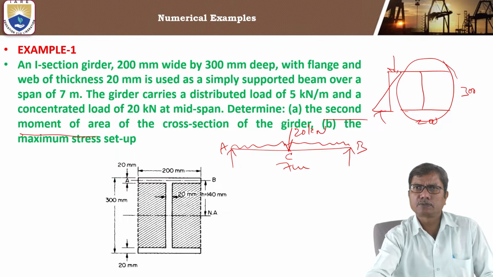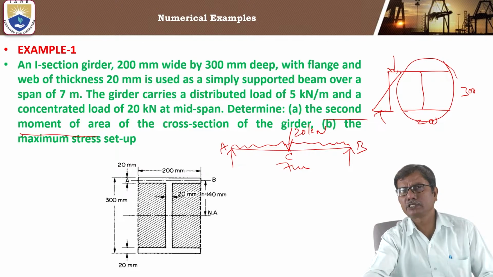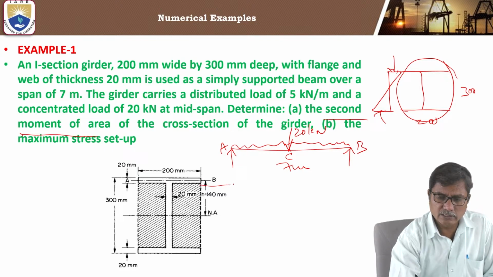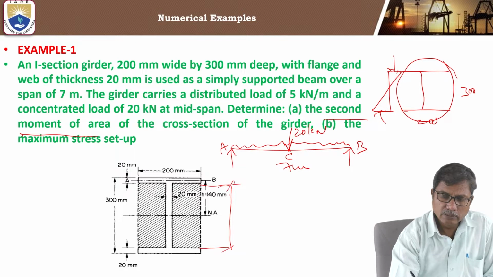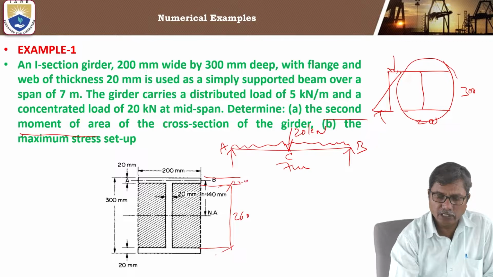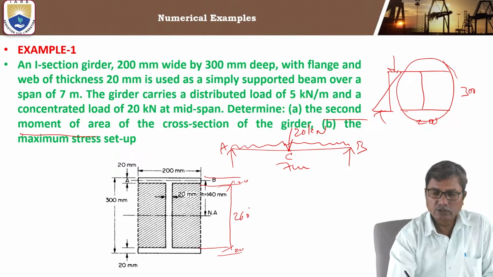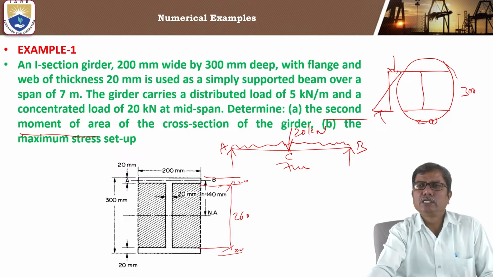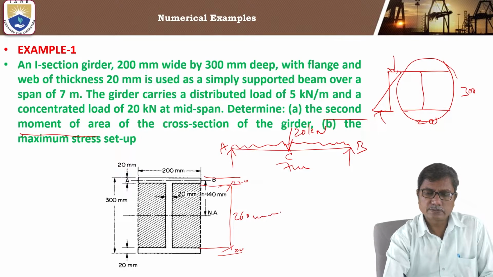If you consider the web alone, the depth of the web will be 260 because the thickness of the flange is 20 at bottom and top. Total depth is 300, so the depth of web alone is 260 millimeters.